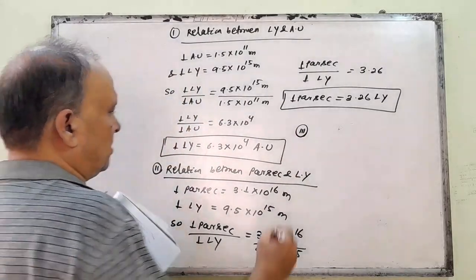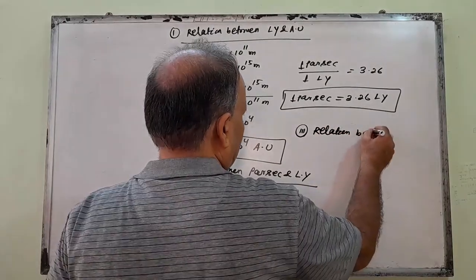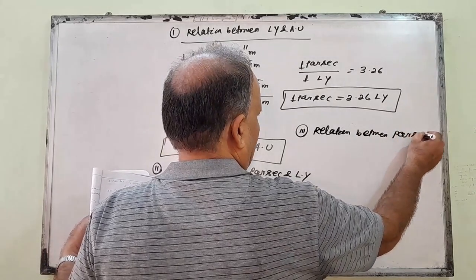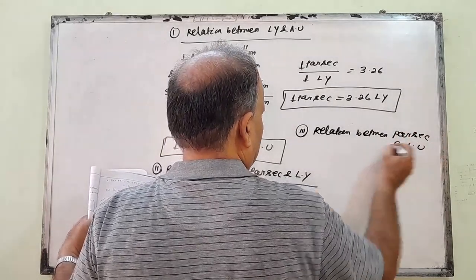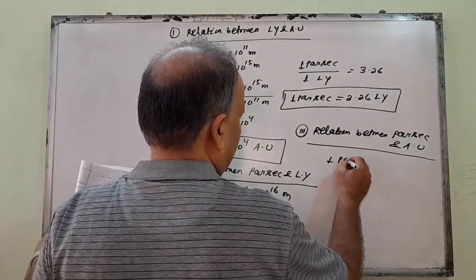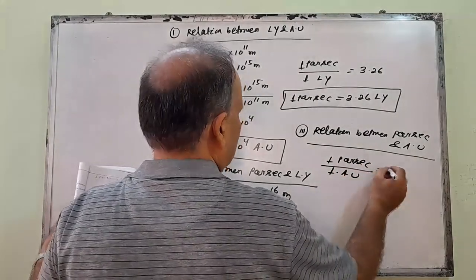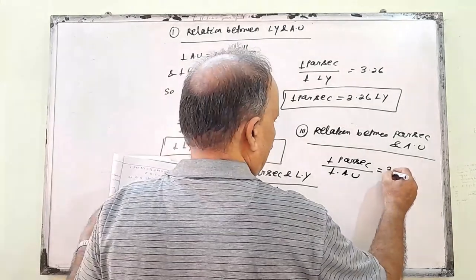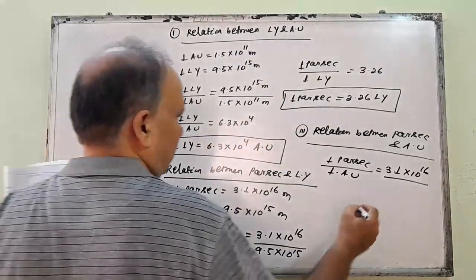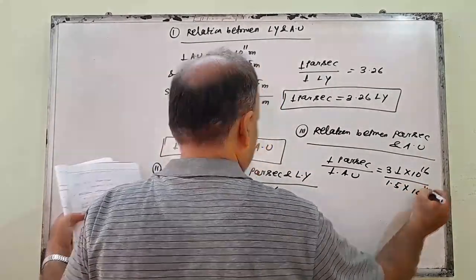Thirdly, we find a relation between parsec and astronomical unit. You see, 1 parsec by 1 astronomical unit is equal to 3.1 into 10 to the power 16 by 1.5 into 10 to the power 11.